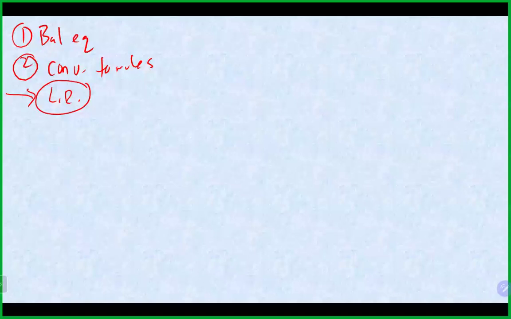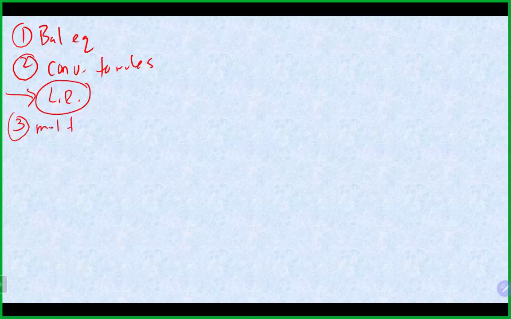And then once we figure out which one's the limiting reagent, we'll just pick up with our steps like normal. We'll do our mole to mole relationship. And then we'll convert those moles to some other unit. So this is the method we're going to talk about here today. And like I said, I'll talk about the other way that you can do it as well as we get going.